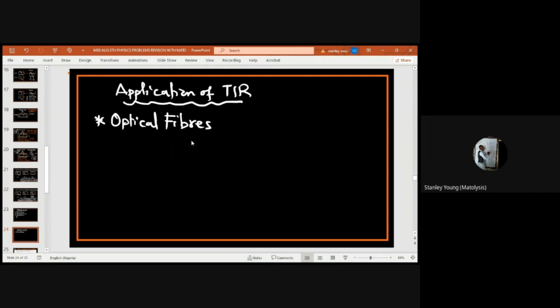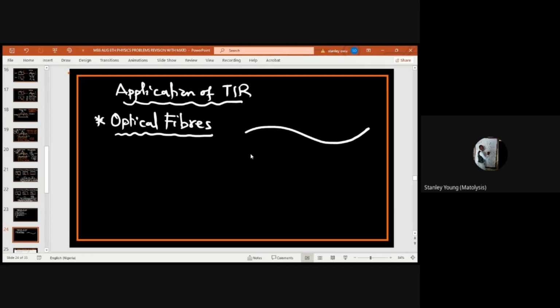It's used for transmitting signals from one point to another without much leakages in the signal. So it's made up of a flexible glass or flexible plastic.